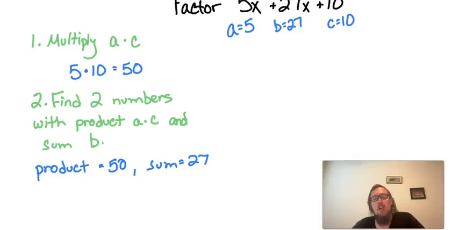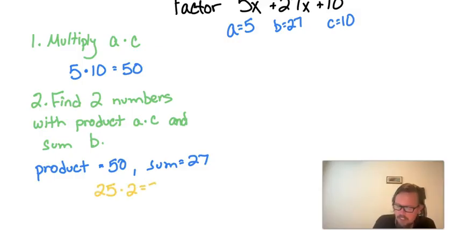Now you should be pros at this by now, either of knowing your multiplication well enough to go straight to the two numbers, or making that table with the product on one side and the sum on the other until you find them. In this case, the numbers are 25 and 2. 25 times 2 is 50. 25 plus 2 is 27. So those are our two numbers.